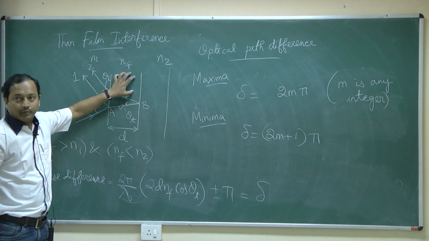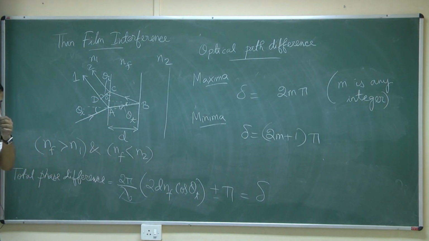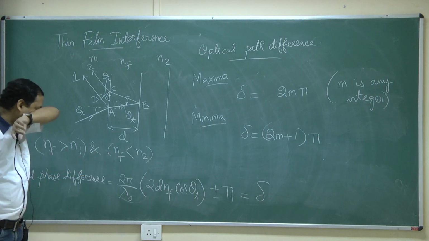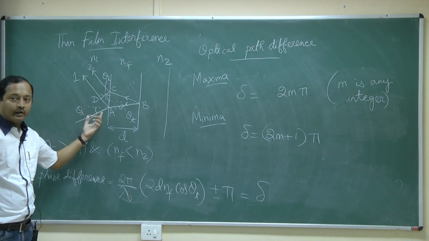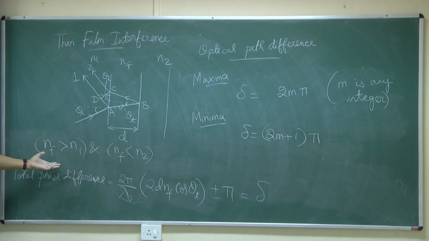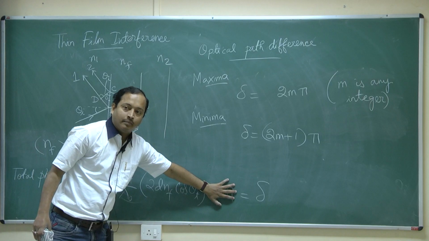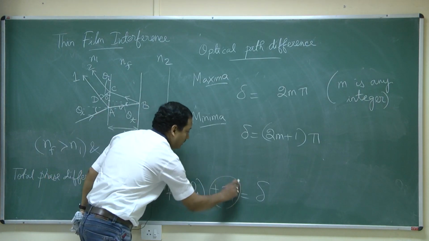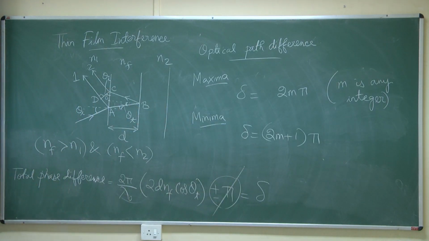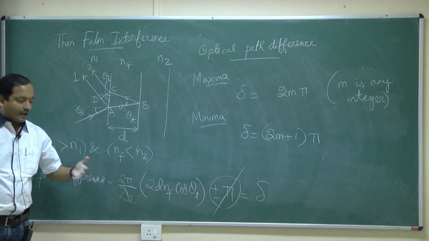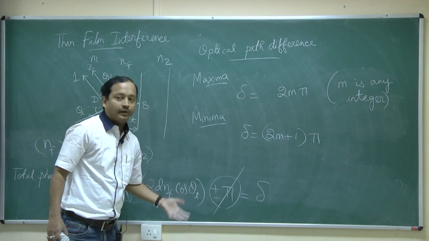This is our thin film medium, n_f, and when n_f is less than n_2, both the rays are going from a rarer to a denser medium, and for that case delta would not carry this additional pi phase difference. So this term would drop off. Accordingly, one has to modify the condition depending on the relative refractive indices of these media.